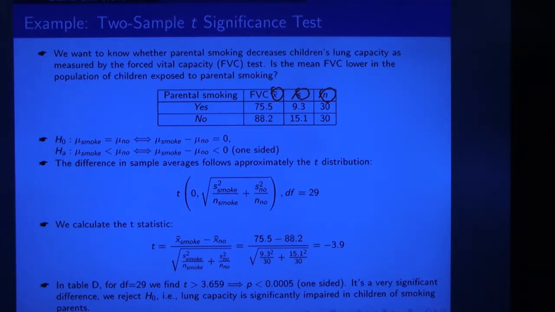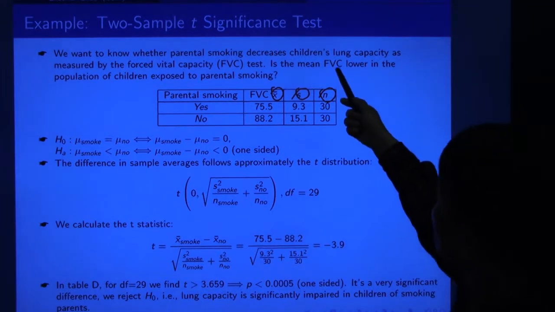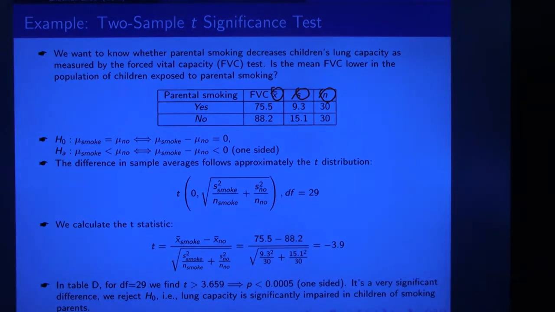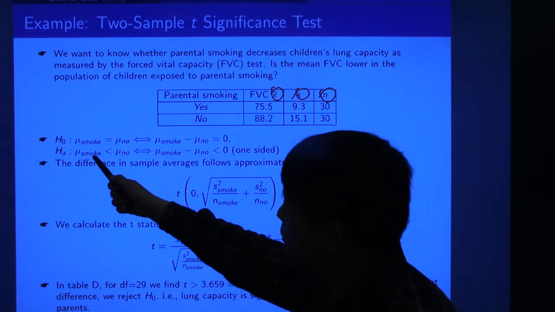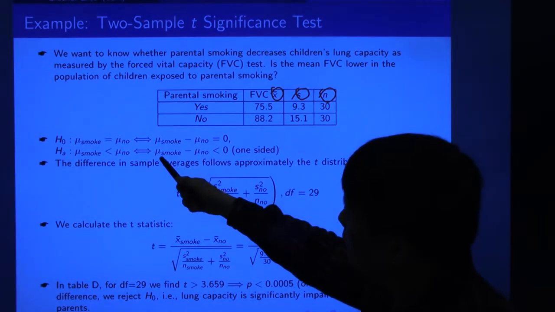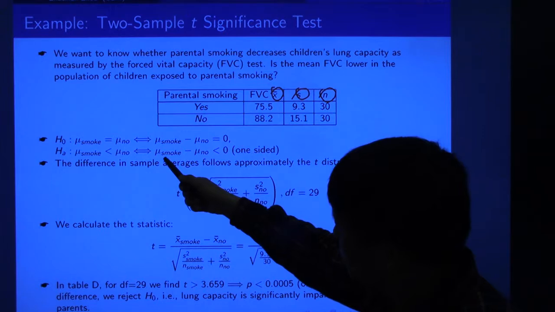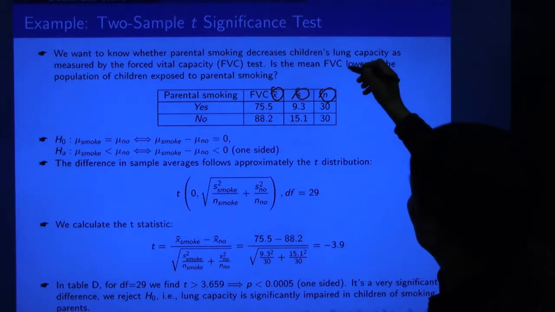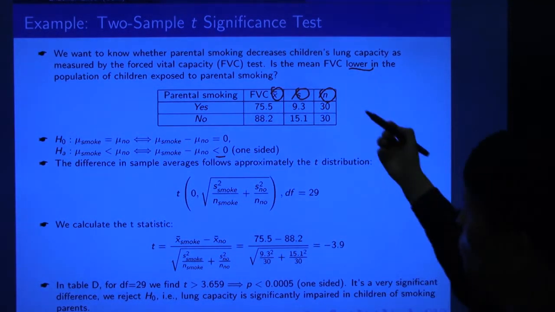And the alternative hypothesis is that the mean FVC will be lower in the smoking parents. So that means mu smoking is less than mu non-smoking, which converts into mu smoking minus mu non-smoking being less than 0, because this is lower, so less than 0. So this is a one-sided test.